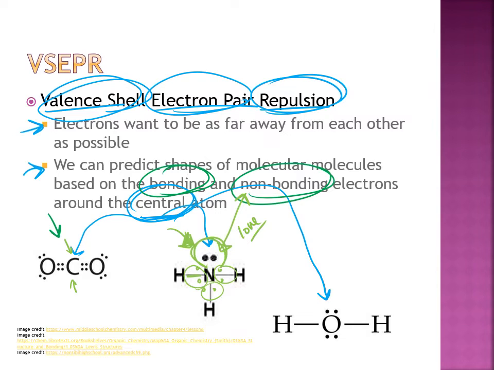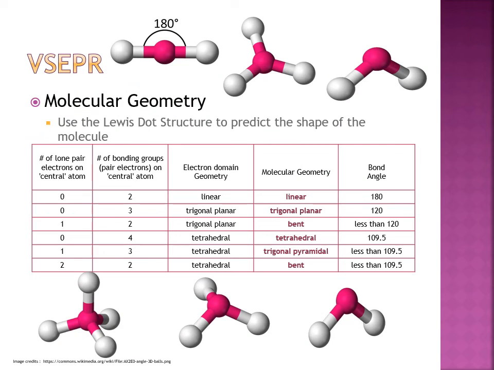So one lone pair and 1, 2, 3 bonding groups on that central atom, the nitrogen. Water, again, those lines are representing pairs of shared electrons. I've got 1, 2 bonding groups on that oxygen, 1, 2 lone pairs, non-bonding groups of electrons around the central atom.